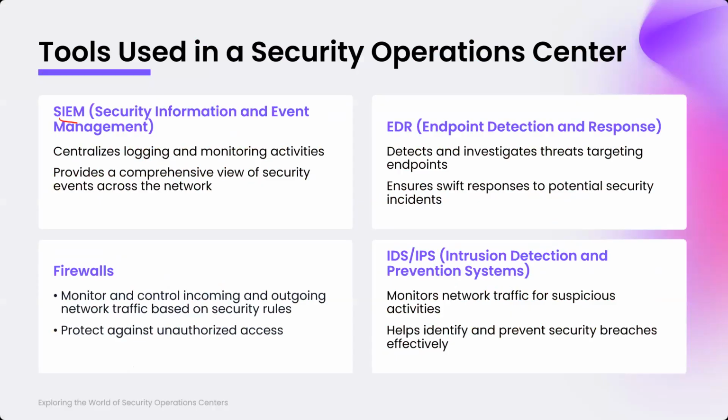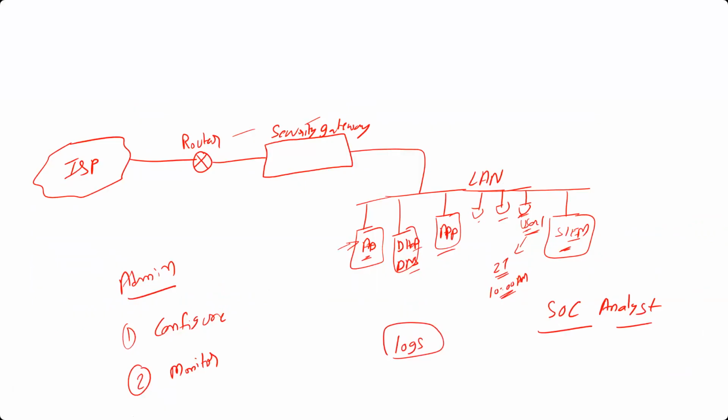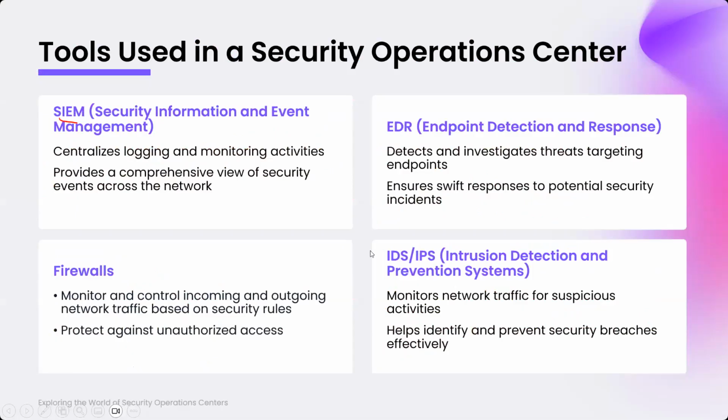A firewall also acts as a security gateway in our network. As I've shown here in the sample network topology, we have the security gateway. Here we may have a firewall, or we may also have a combination of a firewall along with an intrusion prevention system, which gives us much better security.